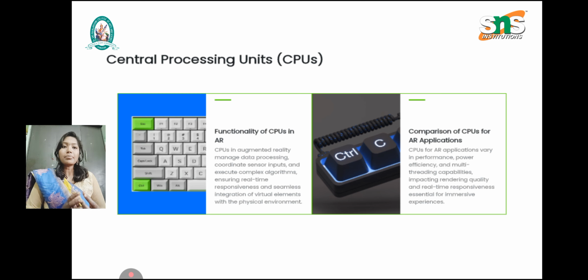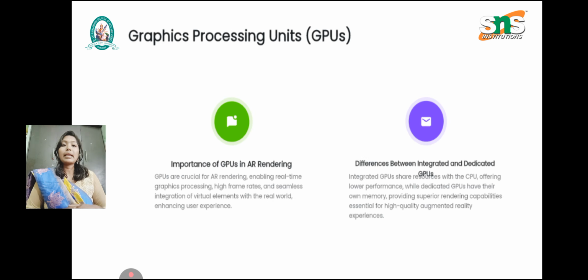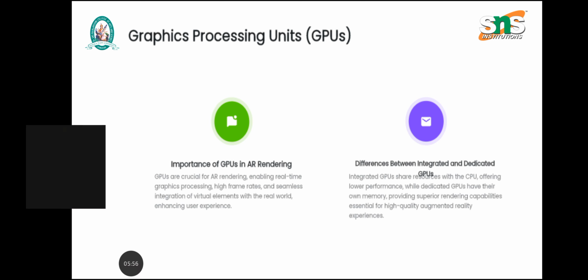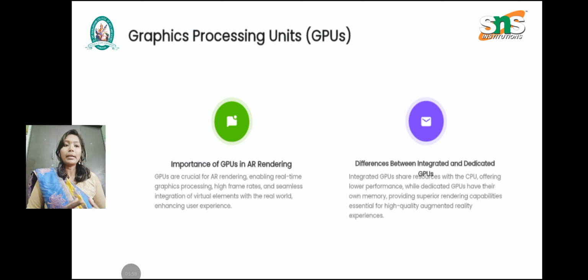At the same time, this comparison of CPUs will impact the rendering quality and the real time, immersive requirements. So next we are going to see the GPU, which is important in AR rendering. The difference between integrated and dedicated GPUs is that it provides superior quality and capabilities for high quality augmented reality.